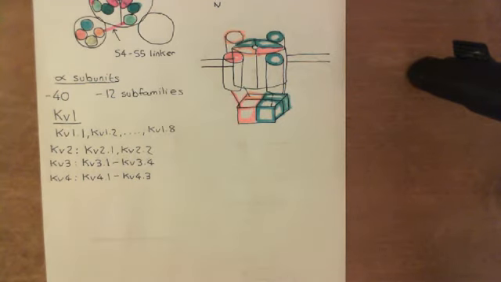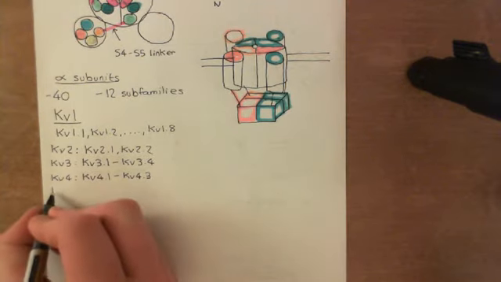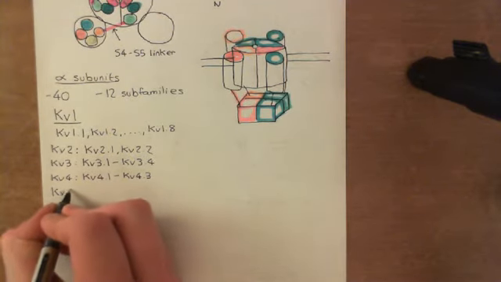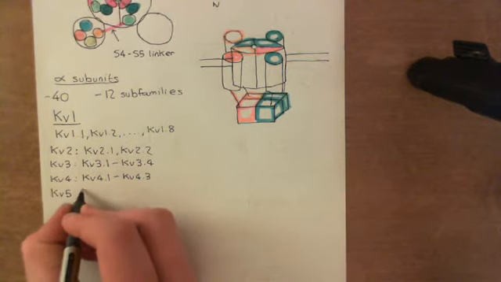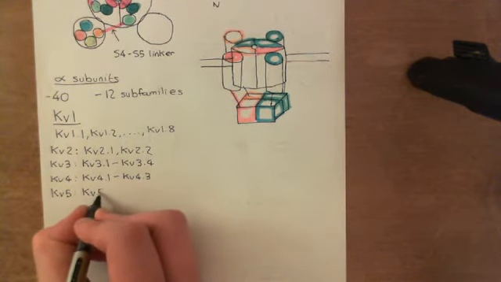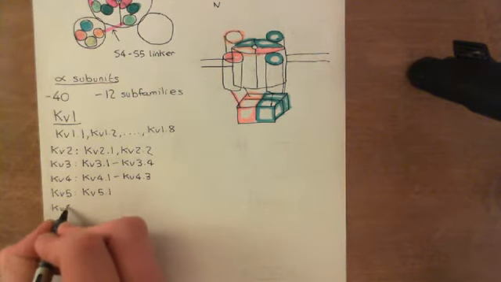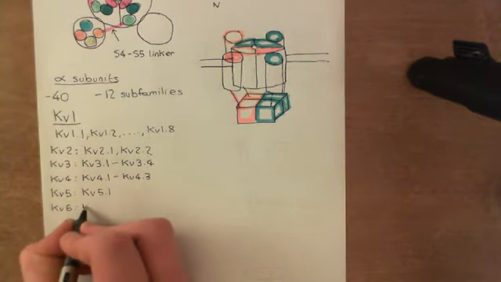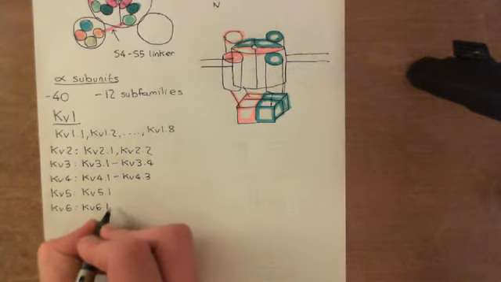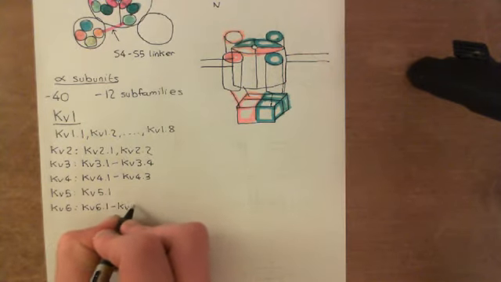So KV 4.1, KV 4.2 and KV 4.3. KV5 is the only family which has only 1 member in it, and this is just called KV 5.1. KV6 has again 4 members in it, so KV 6.1 all the way up to KV 6.4.